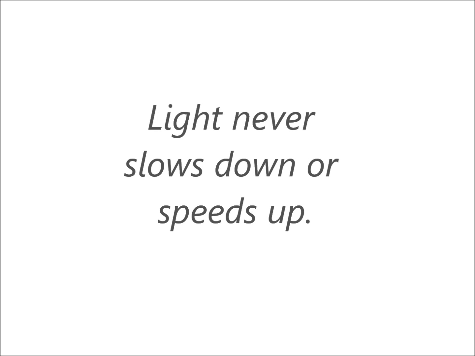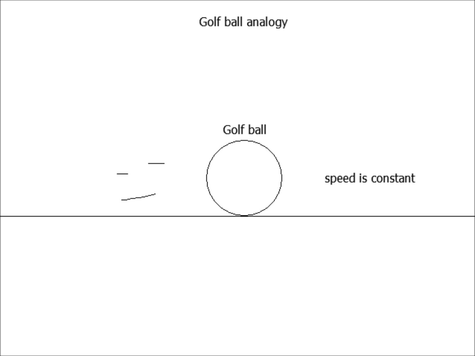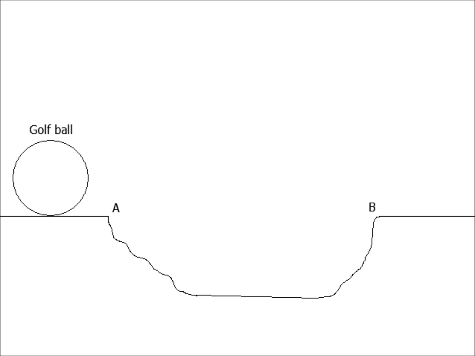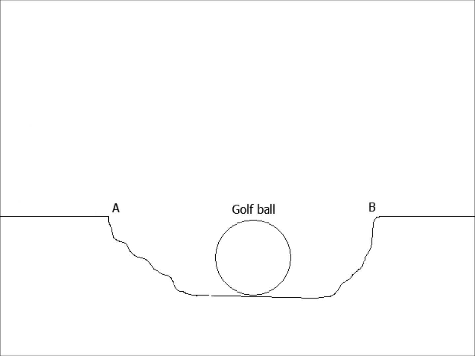This can be visualized using a golf ball analogy. If you were to have a golf ball go straight without any force acting upon it, besides gravity, which in this case would not slow down the golf ball, making it go at a constant speed, and if there was a curvature that went downwards and then upwards, and the golf ball followed the path where there is gravity, you notice the golf ball's speed increases as it goes down the slope.